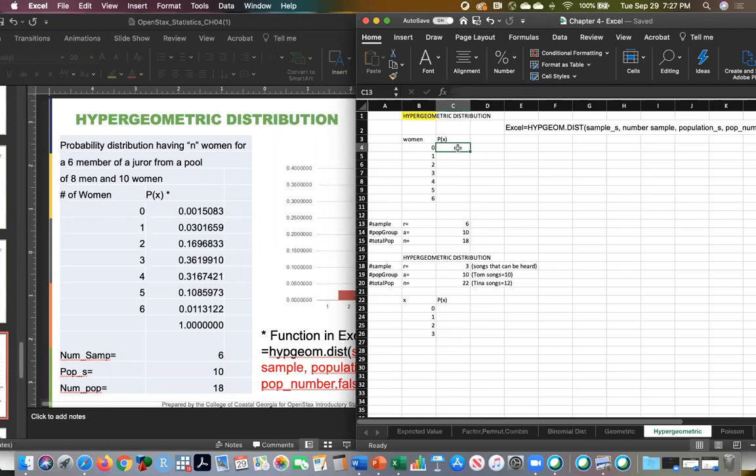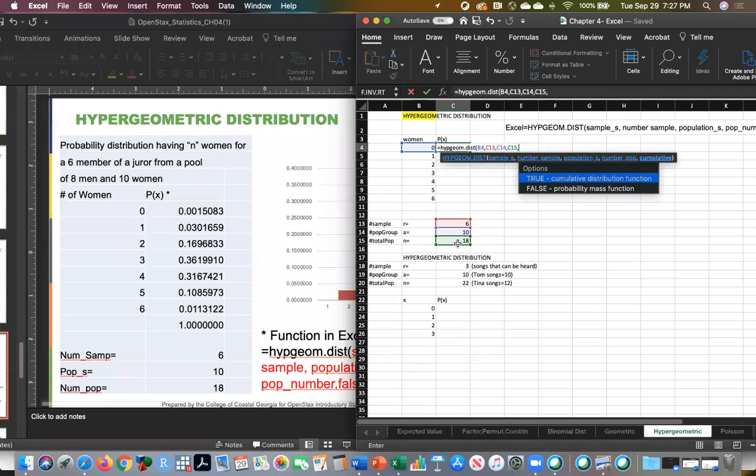In order to find this, I'm going to write equals HYPGEOM.DIST. It's asking for the sample number, followed by the number of people in the committee, then the number of women, and then the total number of people in that group.